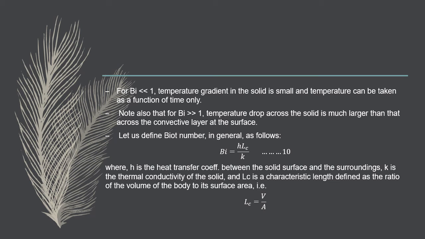Biot number is equal to hLc by k, where h is the heat transfer coefficient between the solid surface and the surrounding, k is the thermal conductivity of the solid, and Lc is a characteristic length defined as the ratio of volume of the body to its surface area, that is Lc is equal to V by A.